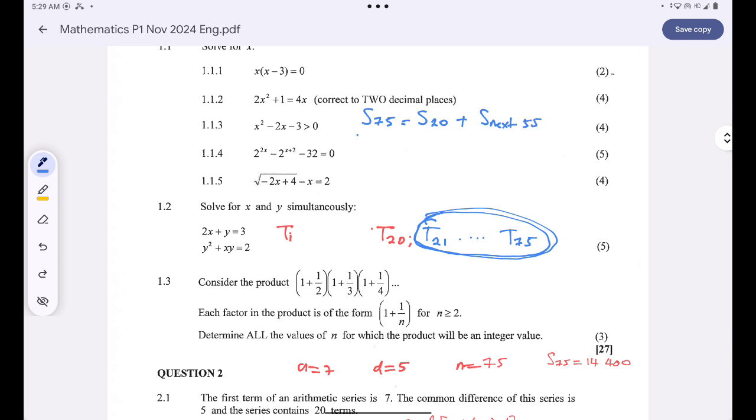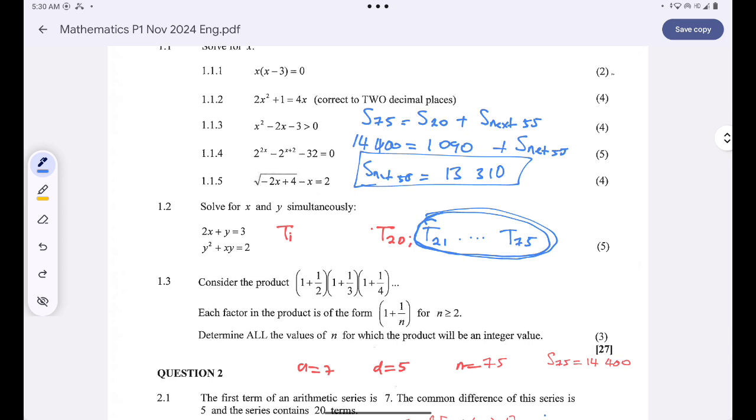We are told that 75 terms is 14,400, and whenever we calculated the sum of the first 20 terms, we got 1090. So for me to find the sum of the next 55 terms, I'll just say 14,400 minus 1090. This will give me the sum of the next 55 terms to be equal to 13,310. So this is the sum of the next 55 terms.